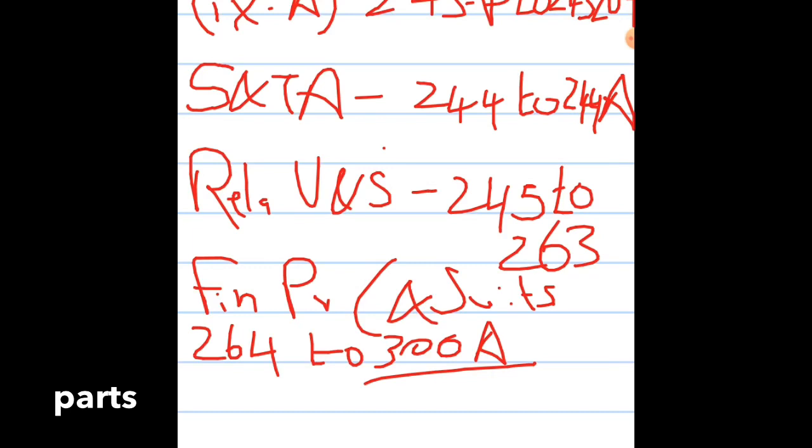And the 13th part is Trade, Commerce and Intercourse within the territory of India, which deals with Articles 301 to 307.